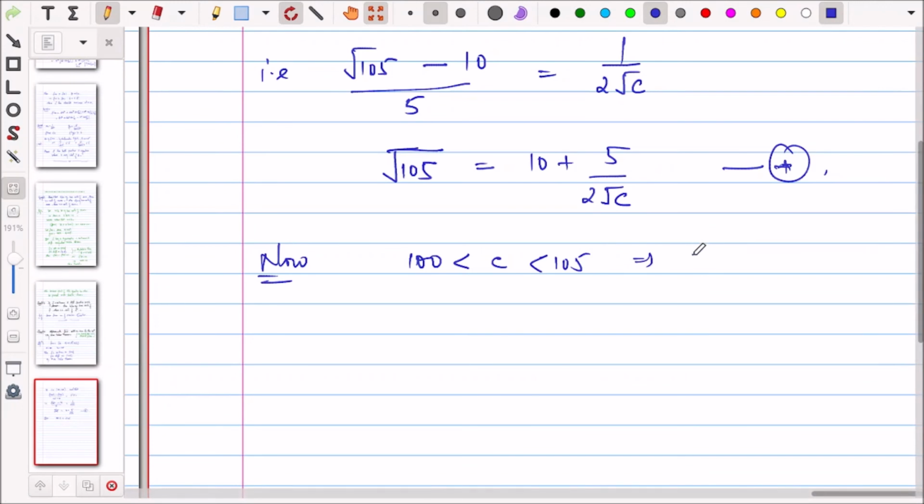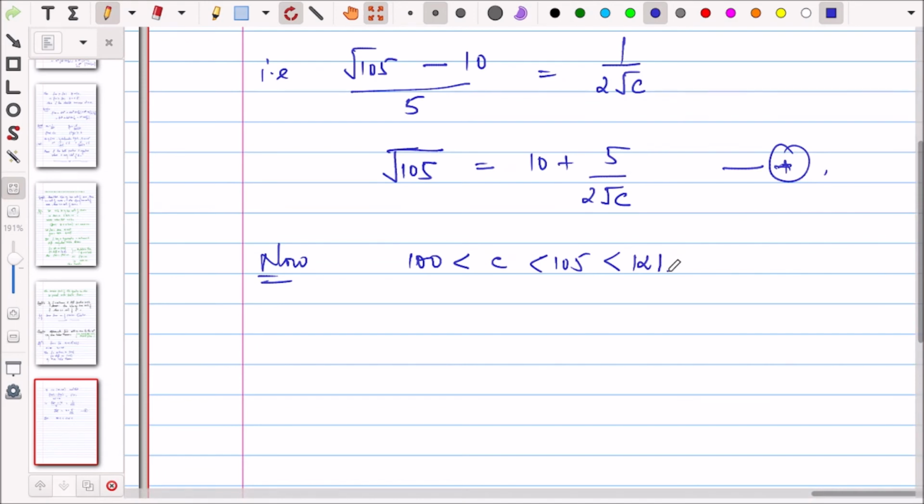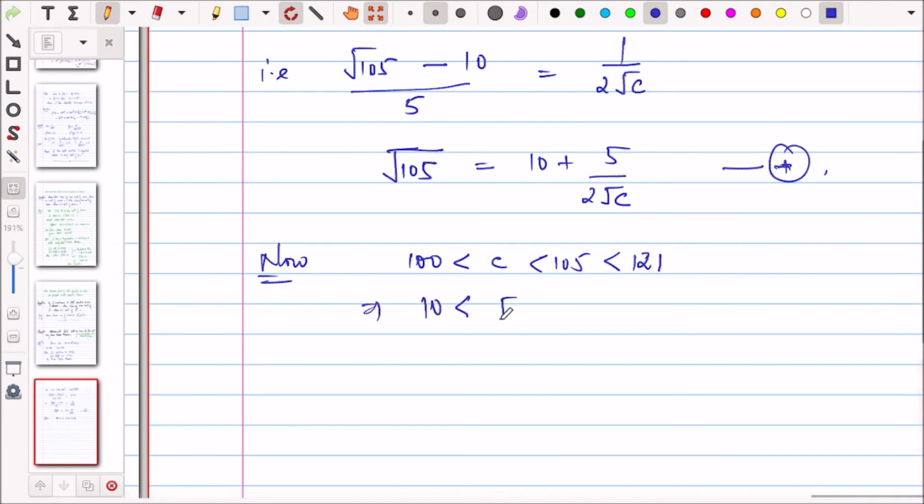Since we do not know the root of 105, we will take the nearest square on the right side, which is 121, the square root of 121 is 11. This is 10, this is 11. So this implies 10 is less than root c less than 11.